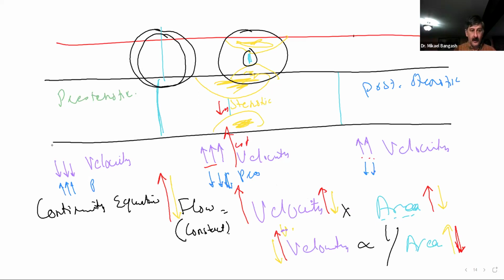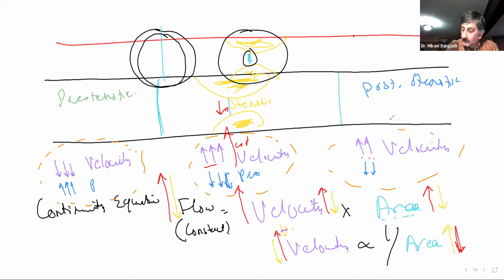Because what we said, in accordance with Bernoulli's principle, is that the sum or the product of this is going to be equal to the sum or product of this, which is going to be equal to the sum or product of this. Any questions? No. Good.